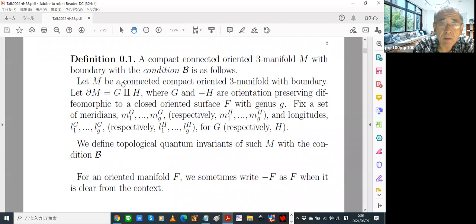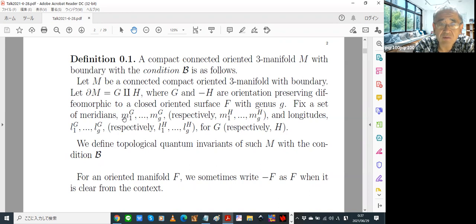Let M be a connected compact oriented three manifold with boundary. The boundary is G and H. G and minus H are orientation preserving diffeomorphic to a closed surface F with genus G.